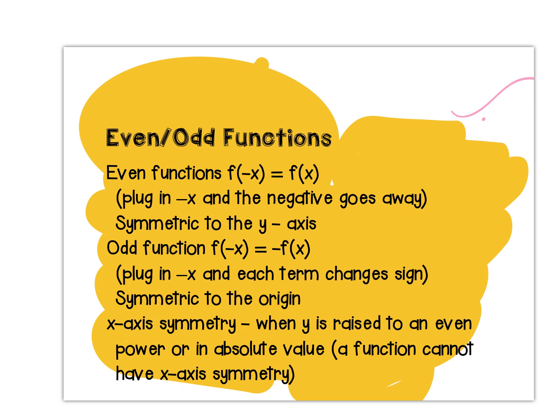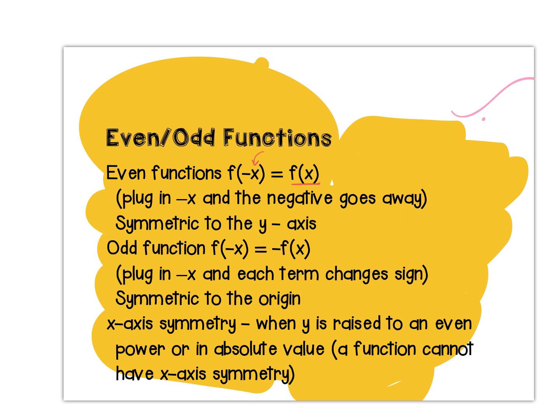Okay, now we're going to get to even and odd functions. Even and odd functions are really telling and helpful down the road when we get to graphing, okay? Now, a function is considered an even function when you replace x with -x, and yet you still get the answer that you started with.